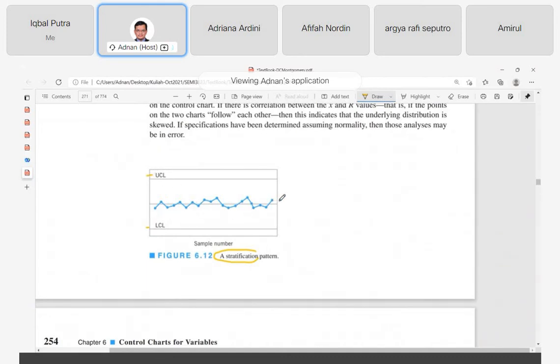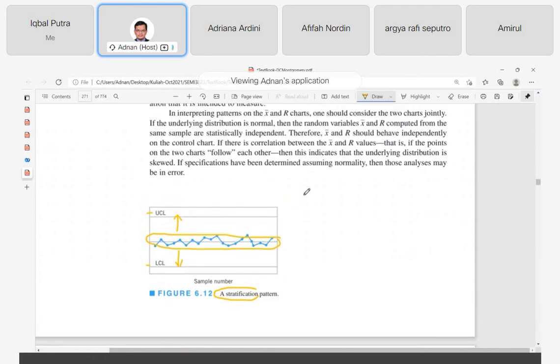Stratification happens very close to the center. So it looks good. Actually, the process is having a problem. It looks very good because it is far from the control limit, but it is not showing natural variability. If we continue having this, at the end it will create a bigger problem.